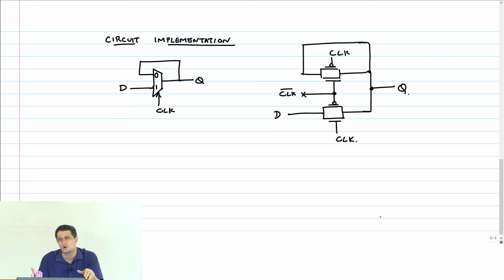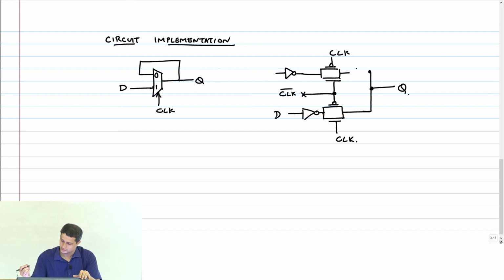For that, I need to now put in inverters so that we can use them appropriately, right? So we are simply going to break this circuit and put inverters in the path. First, I put one inverter here. Okay. Then, I can do this.